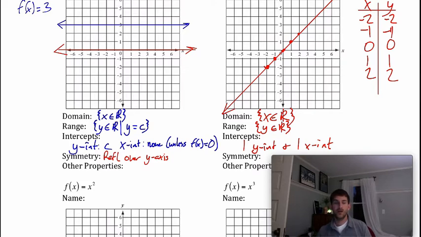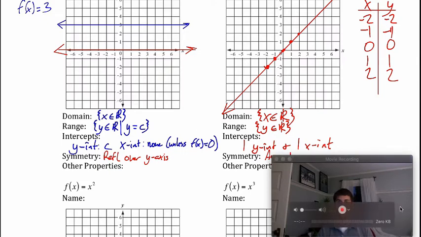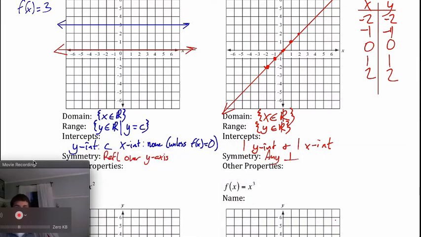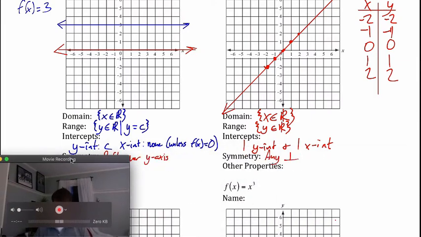The axis of symmetry, goodness gracious. It's symmetrical over any perpendicular line. I'm going to use that symbol, it's like an upside down T. Sorry, let me move my image so you can actually see what I'm writing here. So, any perpendicular line.